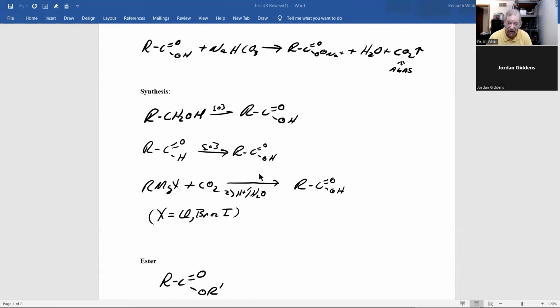Now, you know by now, Dr. White loves Grignard reactions with the Grignard reagent. And here's one. If you take an alkyl halide, react it with carbon dioxide, second step acid and water, you will get a carboxylic acid that's 1 carbon longer than the R group you started with.